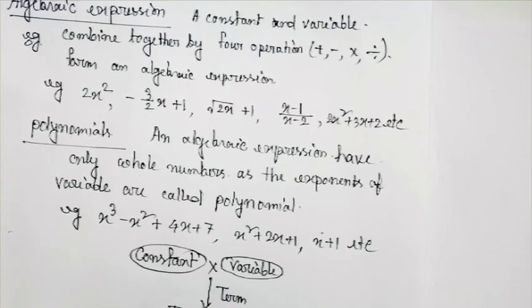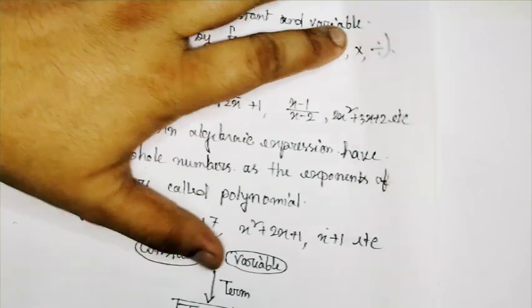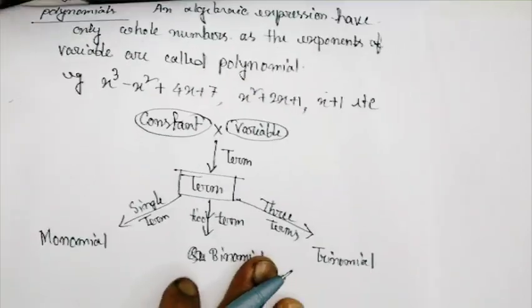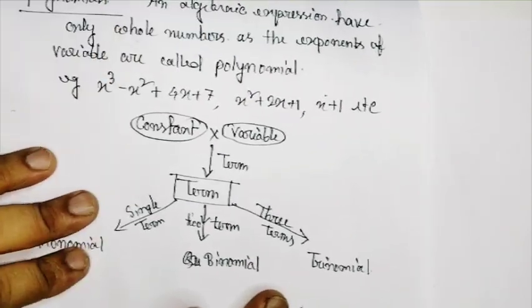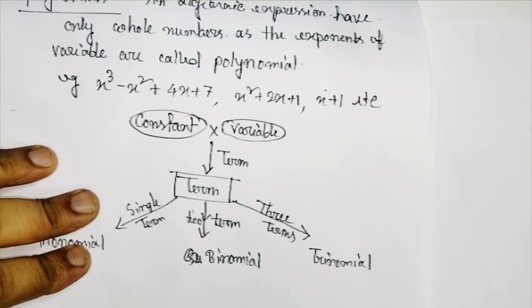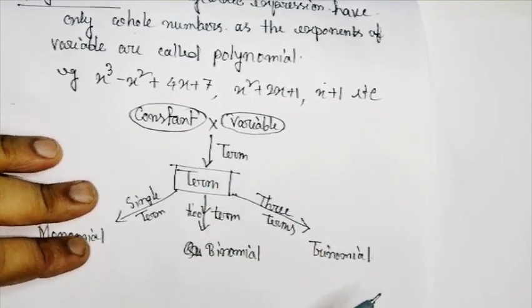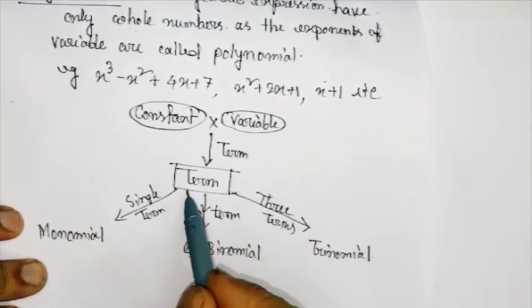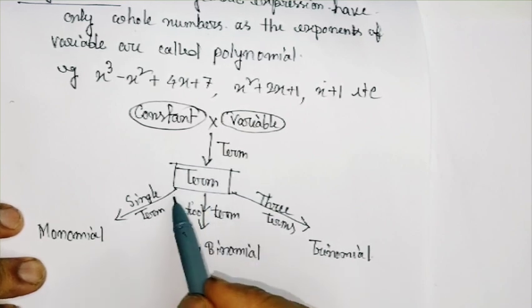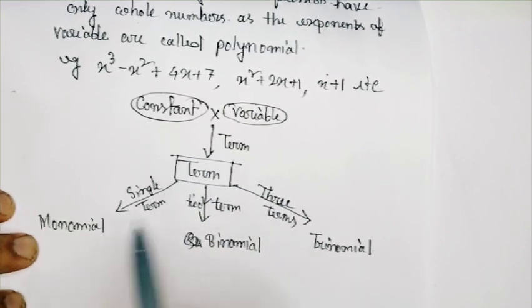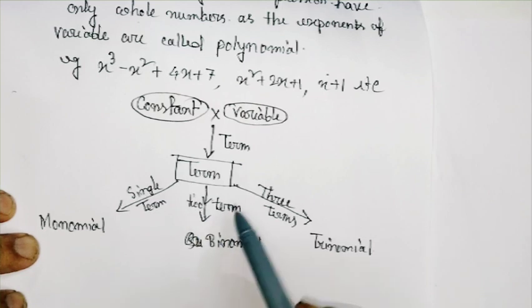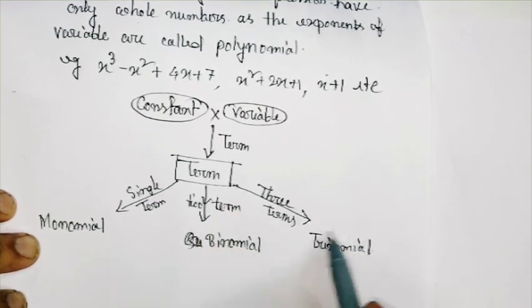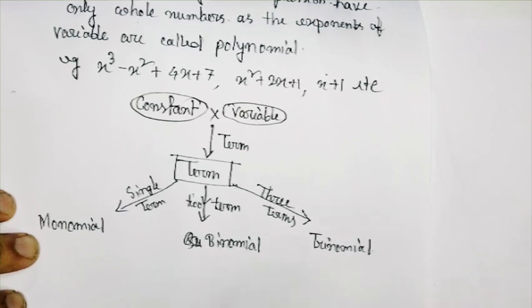So a constant into variable forms a term, and based on terms, a polynomial having a single term is called a monomial, two terms form a binomial and three terms a trinomial.